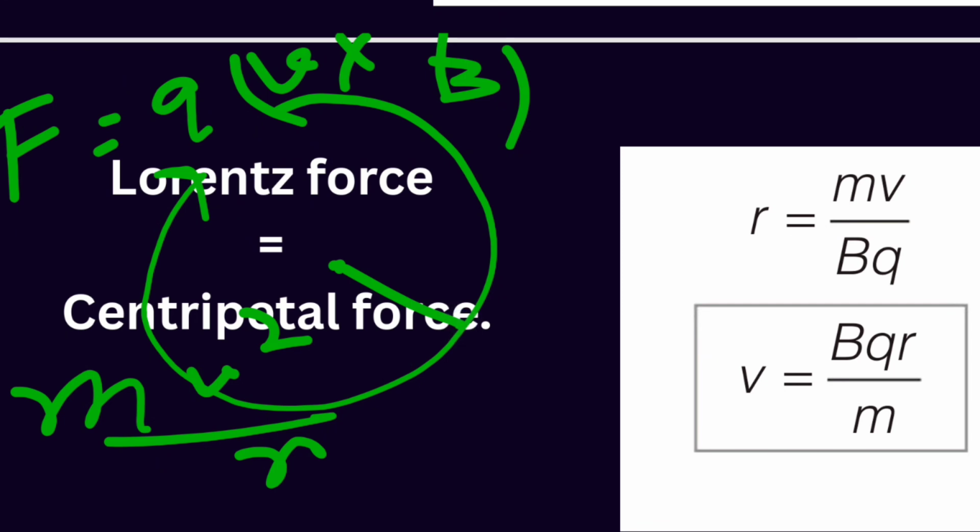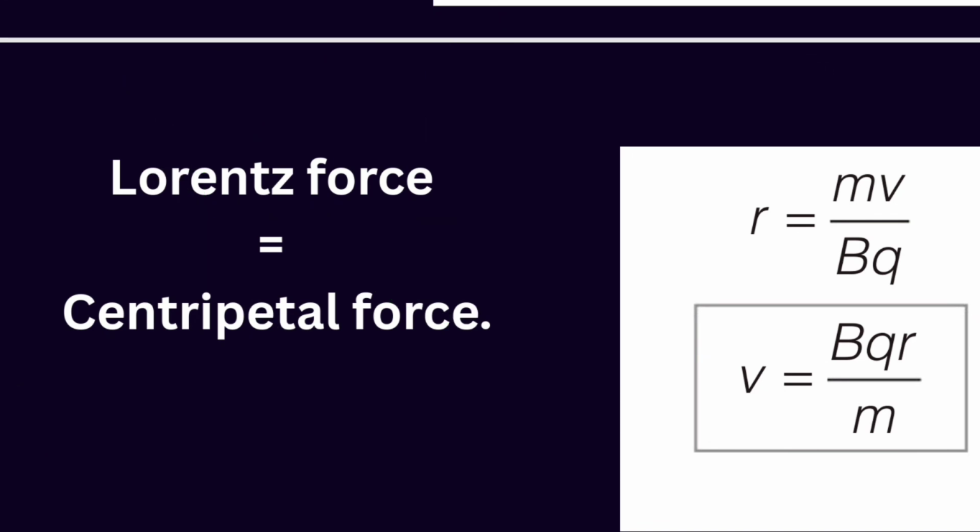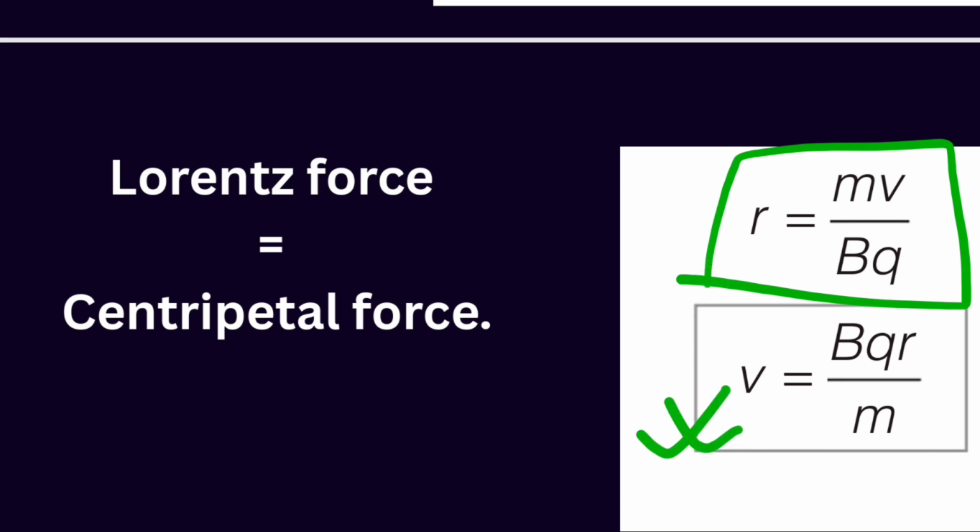This is the radius r. When these two forces balance, we get the radius of the path, R equals m v by B q, and we can calculate the velocity in that radius, v equals B q r by m.